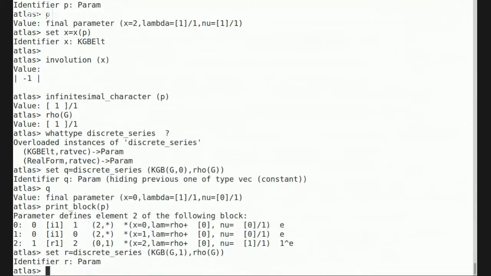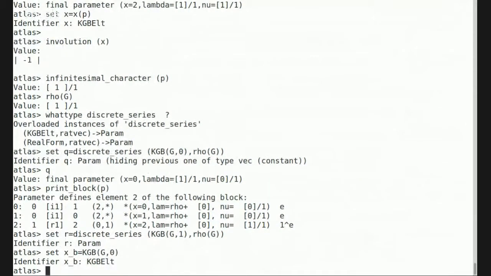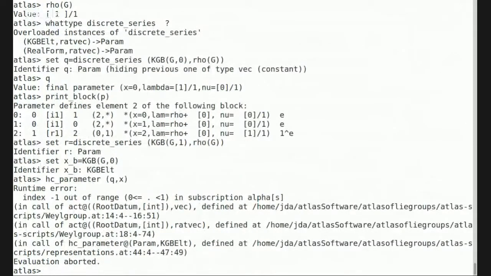And I'll remind you that it's often helpful to fix a base point x, and so in this case I'm going to take KGB element 0, and then I can look at the Harish-Chandra parameter of Q with respect to x.